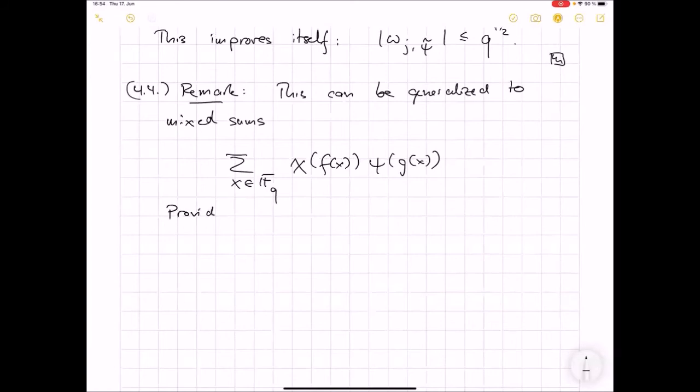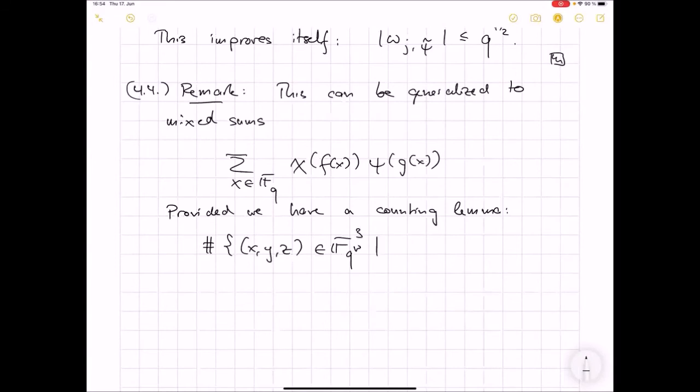Provided we have a counting lemma for x, y, z in Fq cubed, or q to the nu cubed, with y to the d minus f of x equals 0, and z to the q minus z minus g of x is 0.